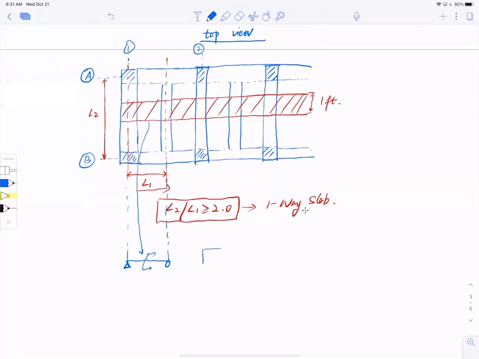I see a nice strip that has a width of 12 inches and a height of HF. This needs tension reinforcement at the bottom because it always sees positive bending in the middle. And that is the unit strip we're designing for.